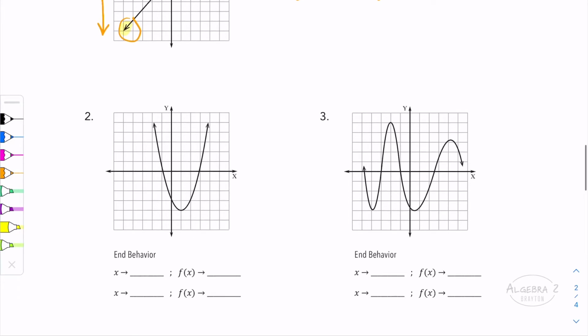Number 2, we have 2 ends of the graph. As x heads towards positive infinity, the graph is heading up towards positive infinity. And as x heads towards negative infinity, the graph is still heading up towards positive infinity.